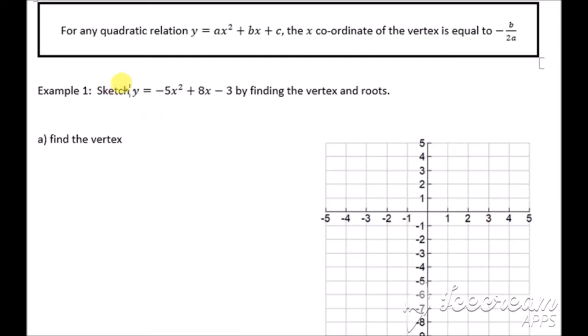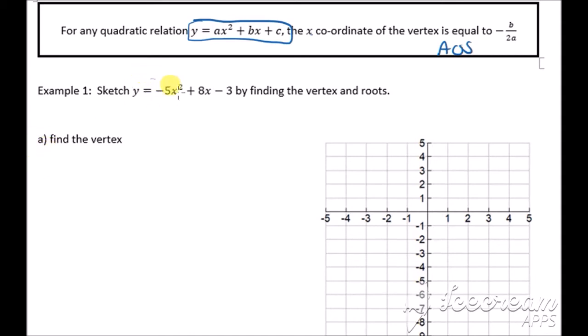As a blurb, for any quadratic relation in the form y equals ax squared plus bx plus c, the x-coordinate of the vertex, in other words, the axis of symmetry, is always equal to negative b over 2a. Okay, so example 1. Sketch this equation by finding the vertex and roots. So, first of all, the vertex.